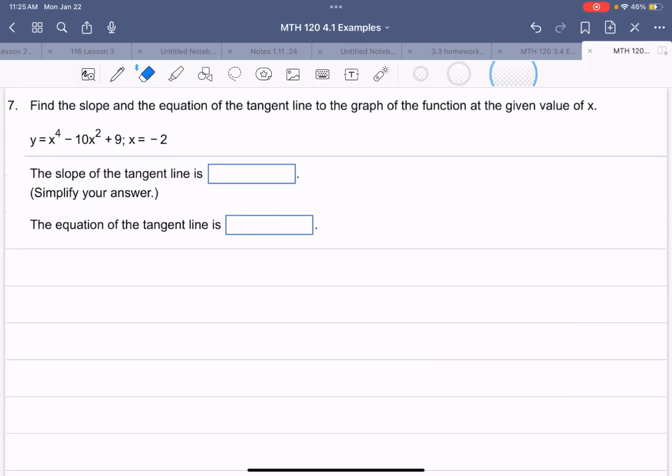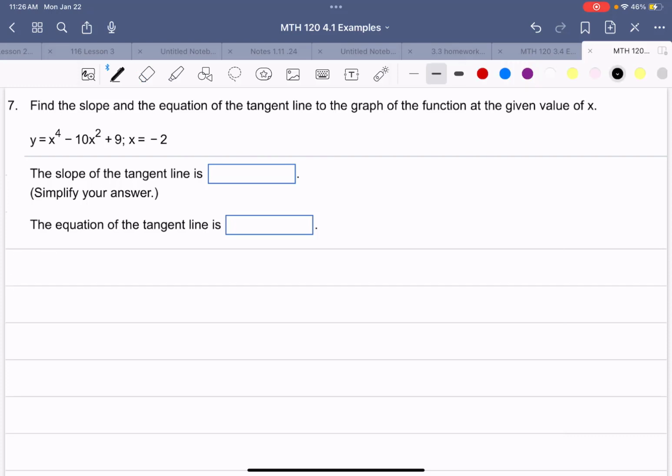Example number 7. Find the slope and the equation of the tangent line to the graph of the function at the given value of x. Y equals x to the 4th power minus 10x squared plus 9, and x is negative 2. Well, the first thing we have to find is the slope of the tangent line, and so that's going to be the derivative.